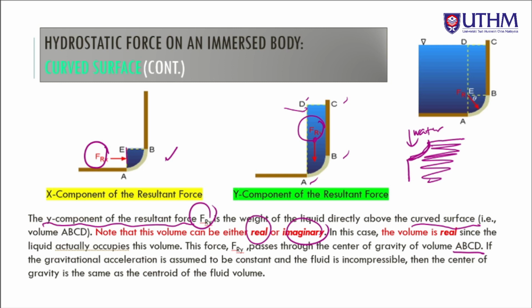If the gravitational acceleration is assumed to be constant and the fluid is incompressible, the center of gravity is actually the same as the centroid of the volume. So given this condition, the center of gravity, the COG, adalah centroid volume of position of a centroid of the fluid.